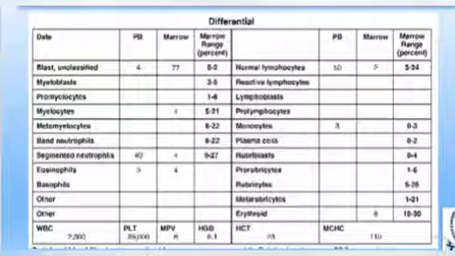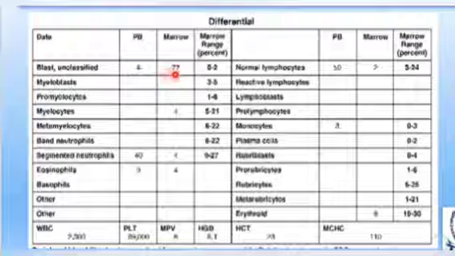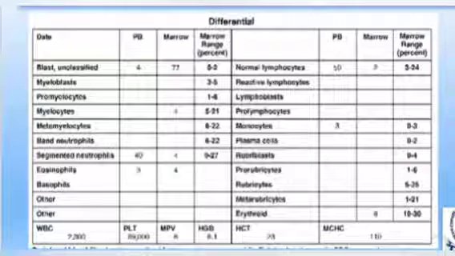So these are the myelogram or bone marrow report, in which you diagnose all these types of cells, and you write over here, and then you have finally a specific diagnosis.